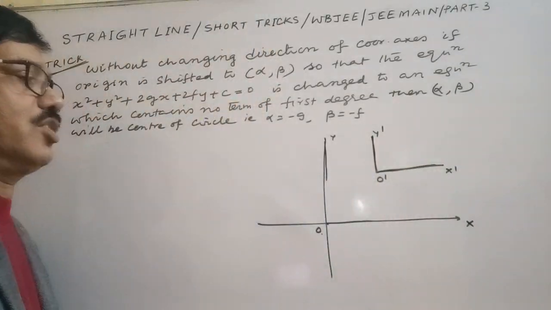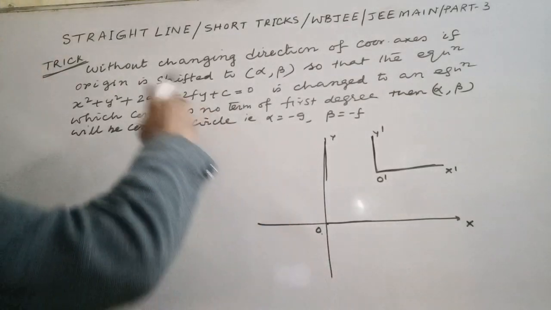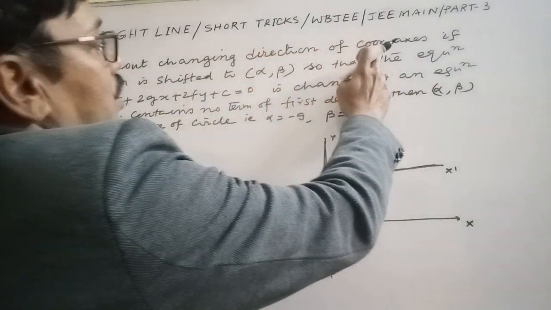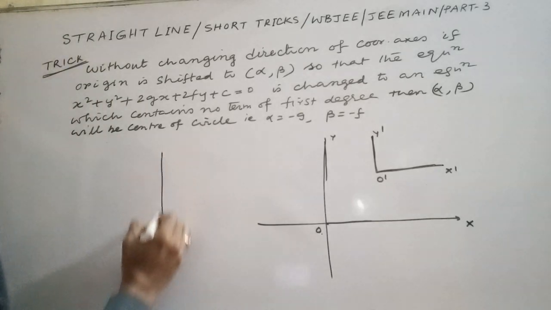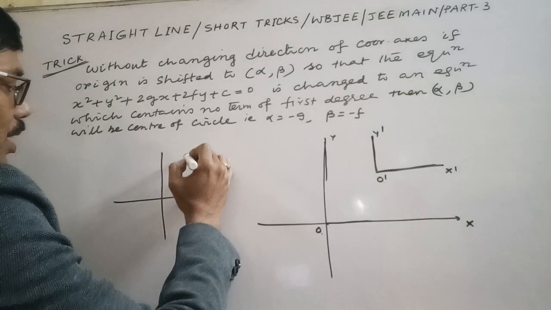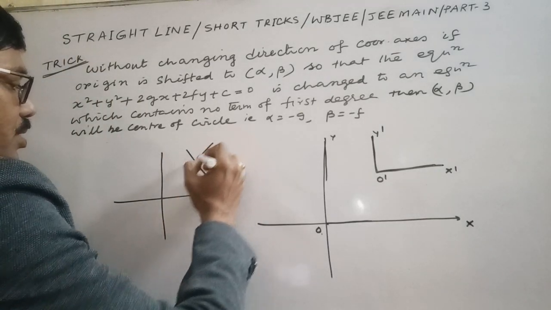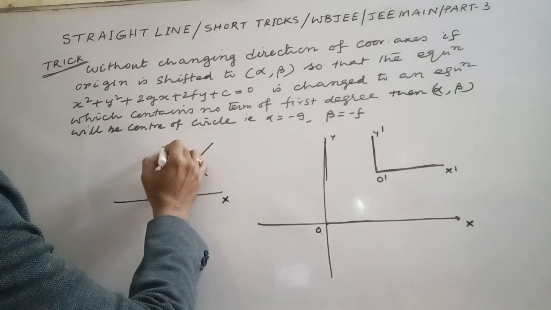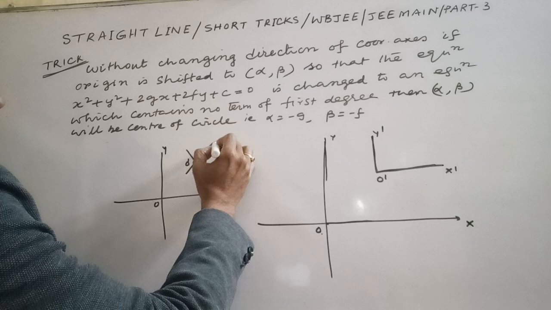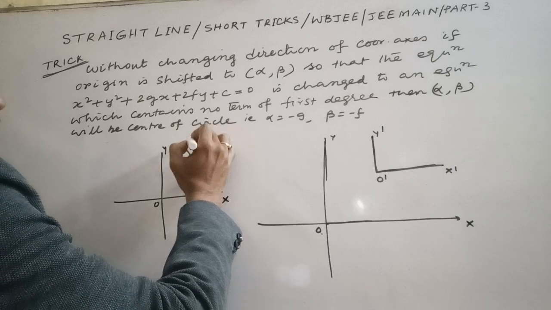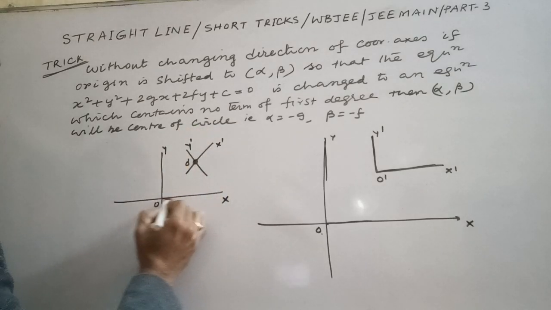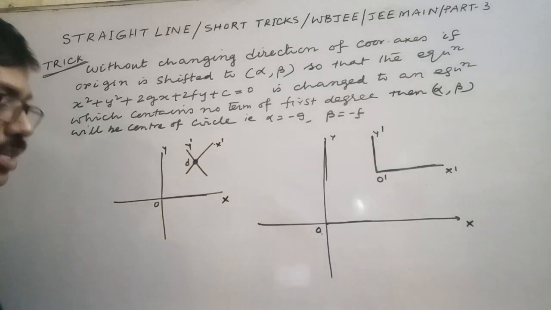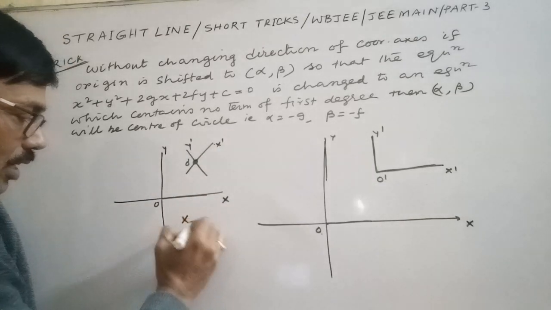Direction does not change. So without changing the direction of coordinate axis, look, if axes are like this, this is OX, this is OY, this is O dash x dash y dash, then look, direction is changing. So this is not the case.